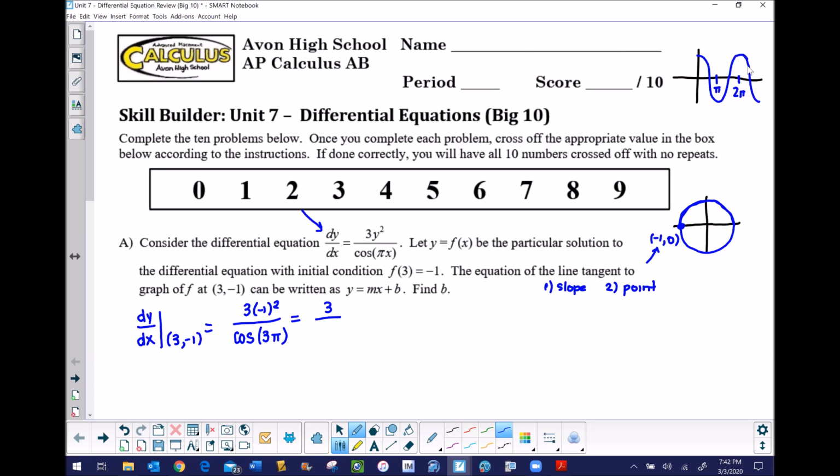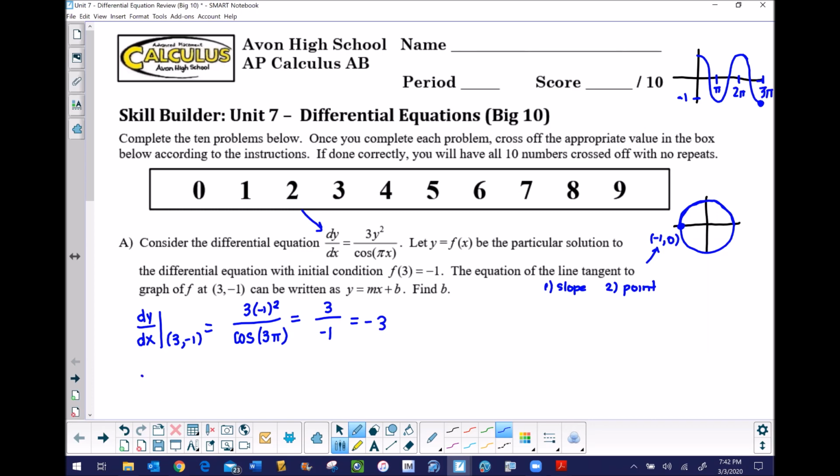And I started to go through another cycle, but I only go as far as 3 pi here because that's where it stops, and that happens to be at negative 1. So that's another way to think about how the unit circle and the graph interact together. So we end up with negative 1 here as our denominator, so the slope is negative 3.